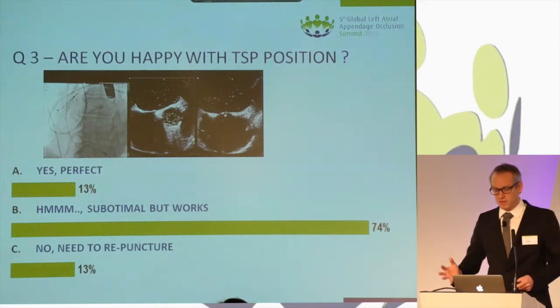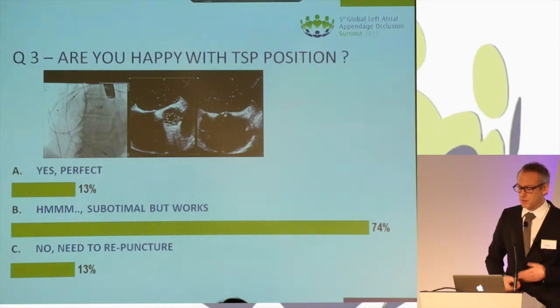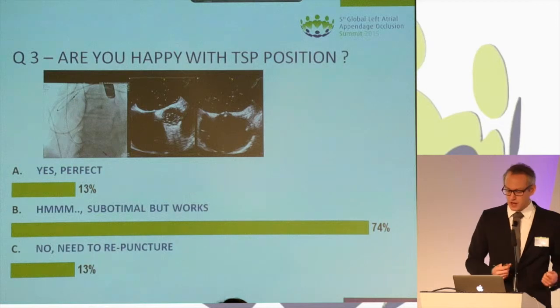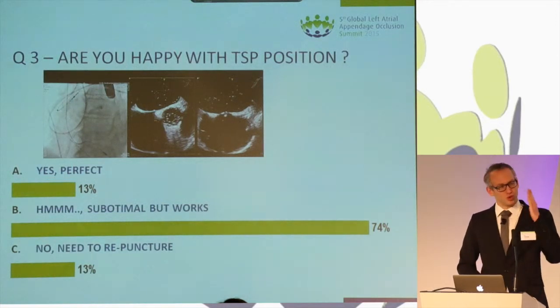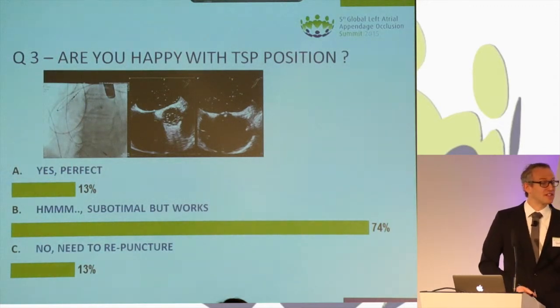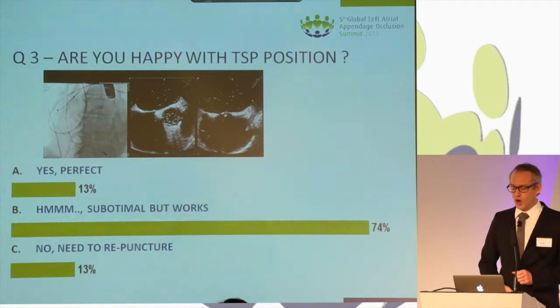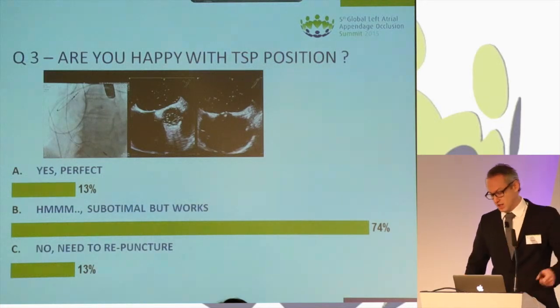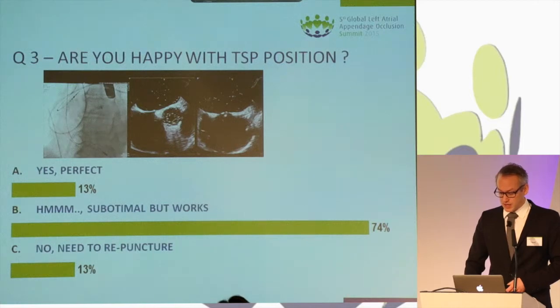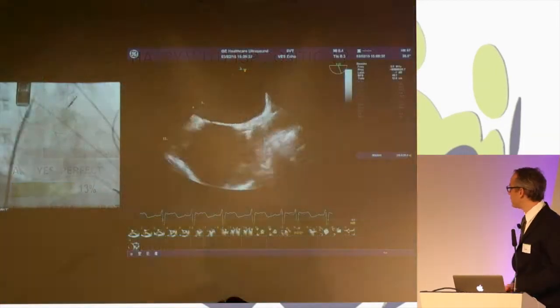Even though you might not be very, very experienced with transseptal puncture, you should restart and try to be at least in the center of the fossa ovalis, or even more caudal and more posterior. That's just an advice. Personal opinion.